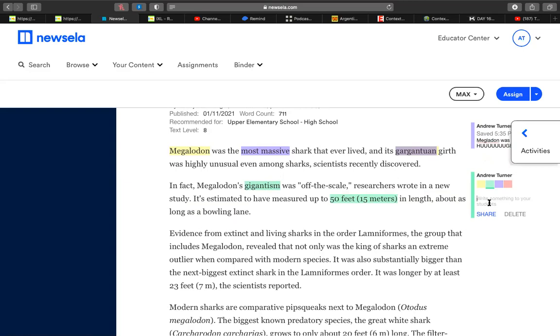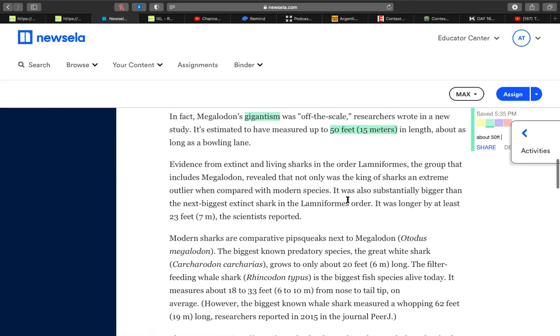So they were about 50 feet. Or does anybody use the metric system? Some people still do. There's 3 countries that do. We are one of them. We do not use the metric system. So meters for some people doesn't mean a lot. So 50 feet.